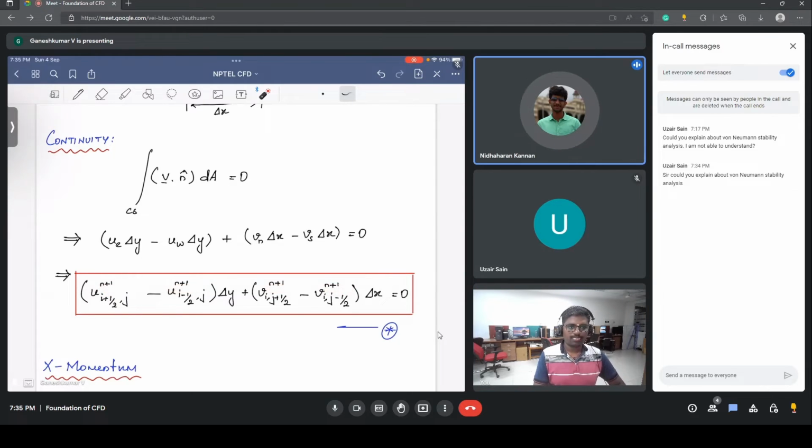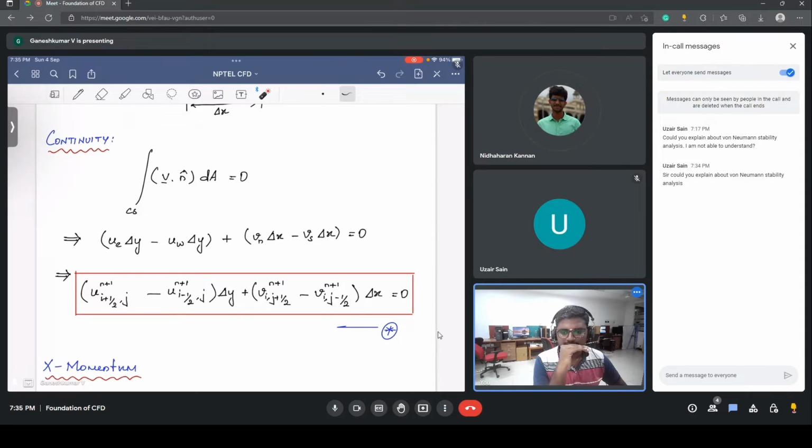Actually, irrespective of time, this continuity equation is satisfied. But we are getting velocities for every time step, right? So if we have a velocity field for every time step, my continuity equation should be satisfied. Basically we are dealing with unsteady flow here.